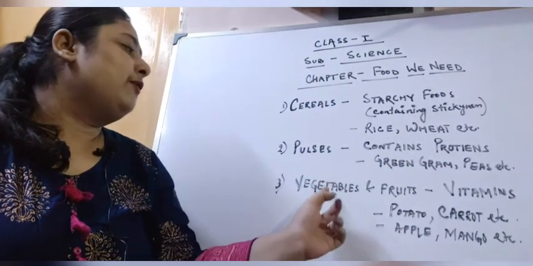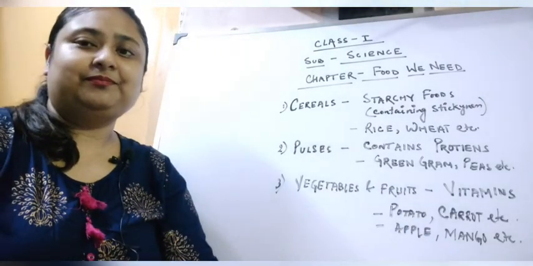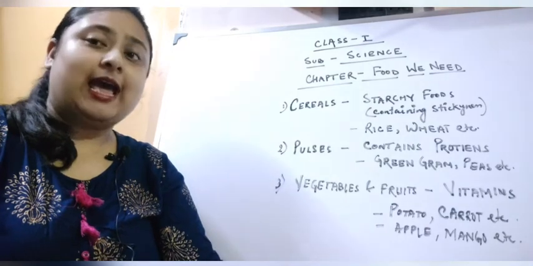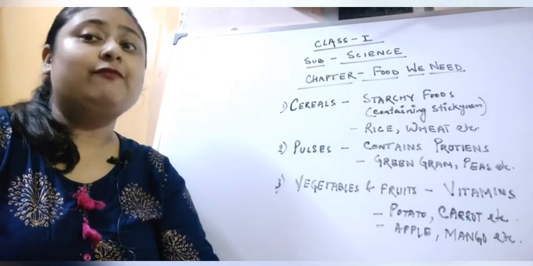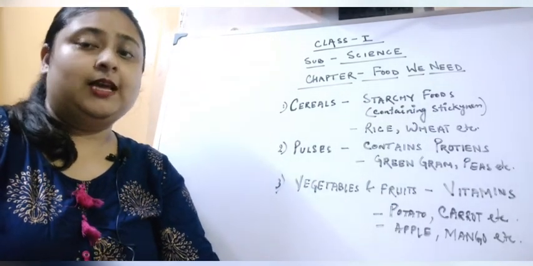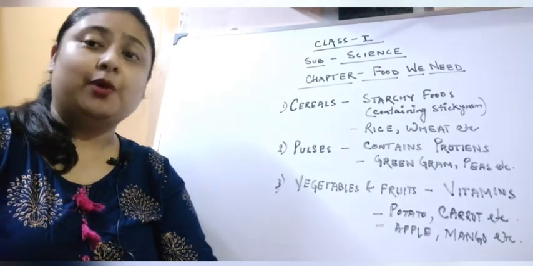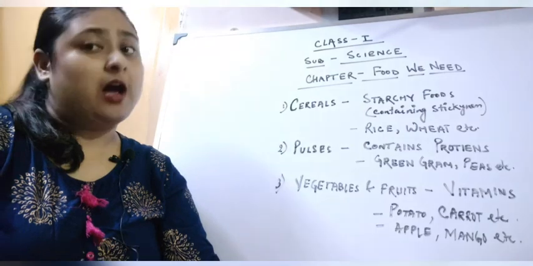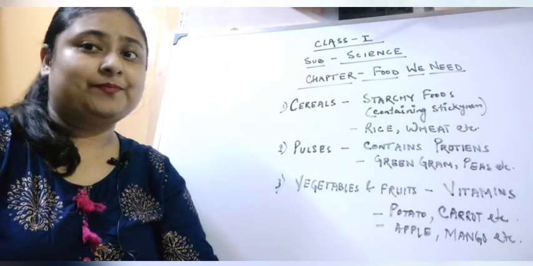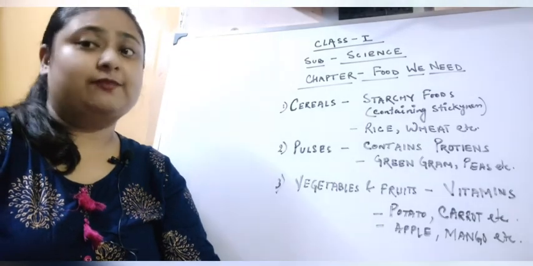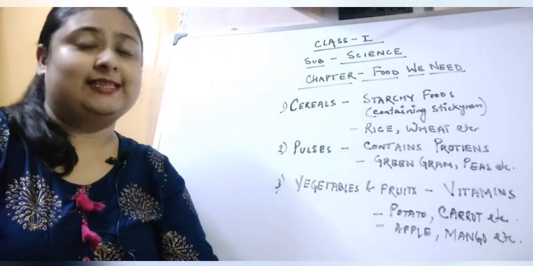Next, fruits and vegetables. Children, fruits and vegetables we get from plants, and they are the main source of vitamins and minerals. These are called protective foods. Do you know why fruits and vegetables are called protective foods? Yes, vegetables and fruits both protect us from different kinds of diseases.